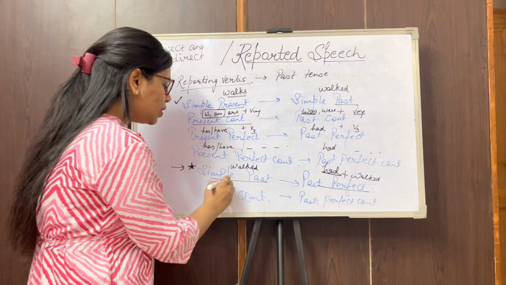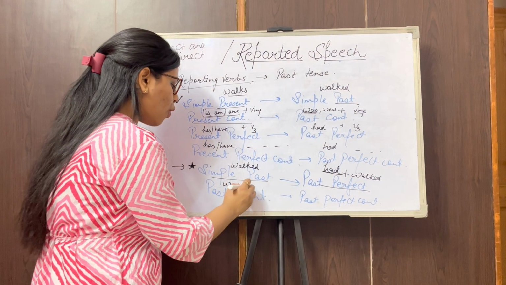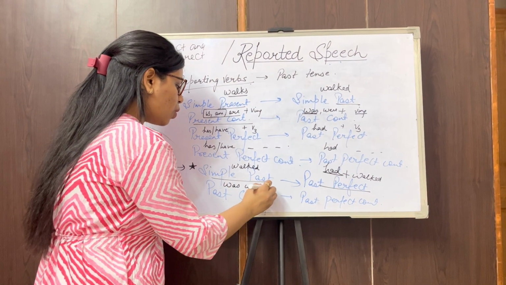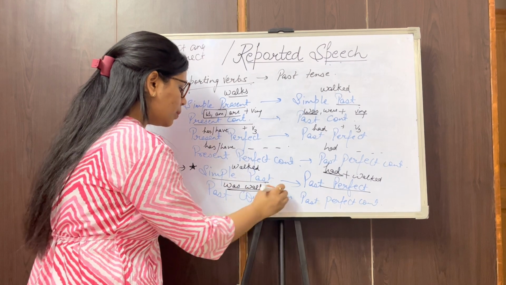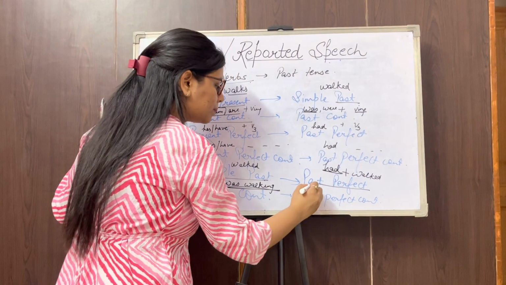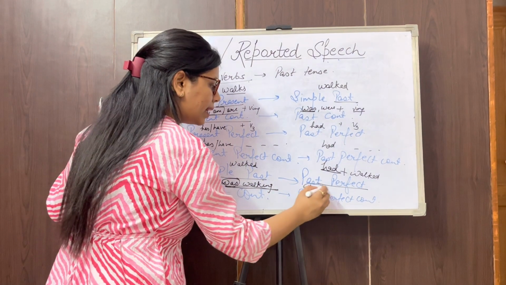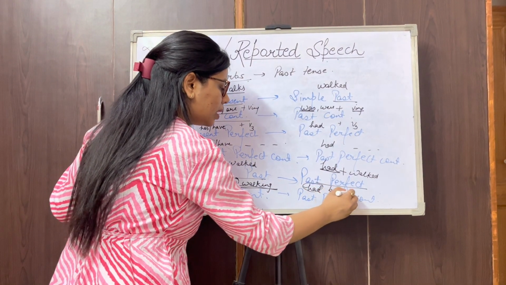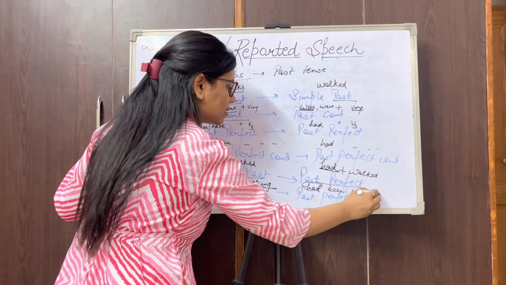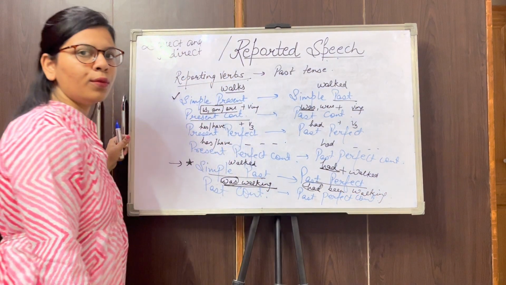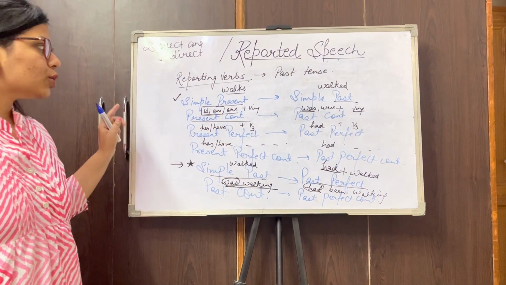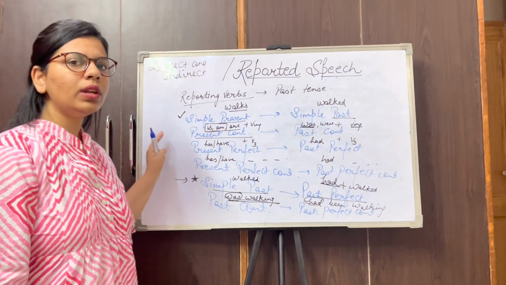And past continuous, suppose it is was walking. So this will also change. A huge change will be here, and that will be, you will change was to had, and then you will add been, and then walking will come as it is. Had been walking.